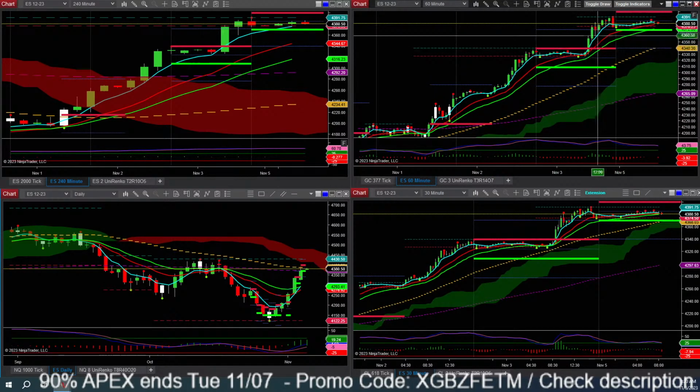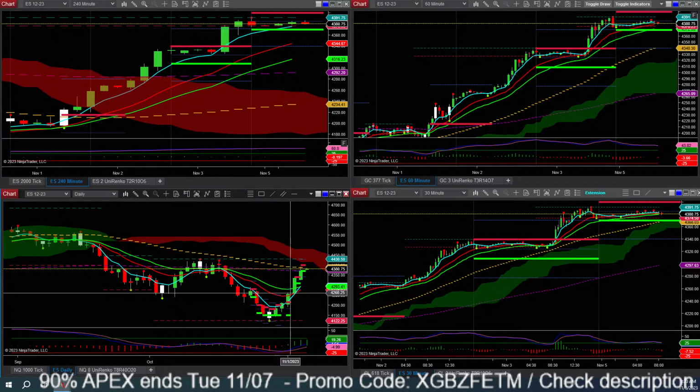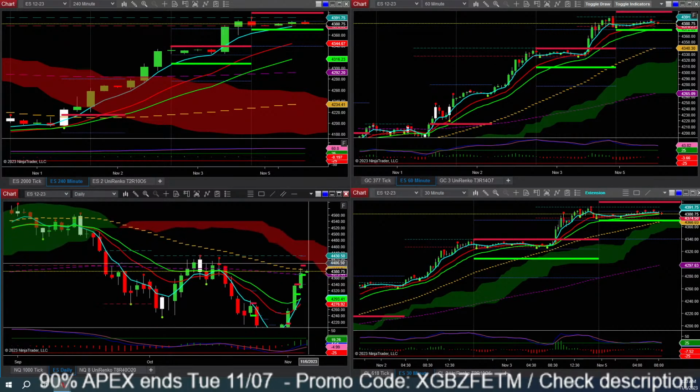It moved a big amount in the last 3-4 days. 1, 2, 3, 4 days. Really high, nice move, and now it's facing the 50 SMA. So be careful at that level.